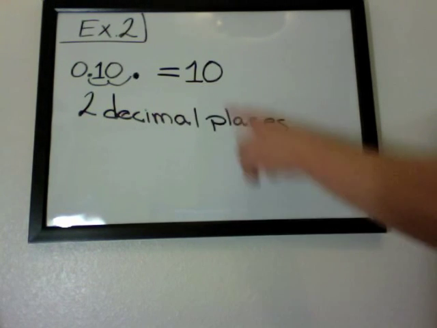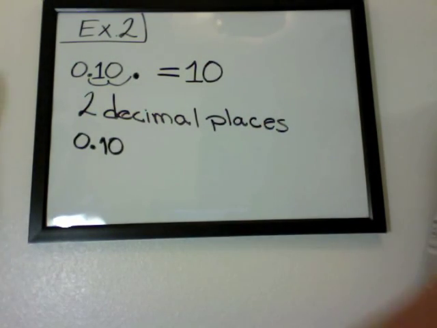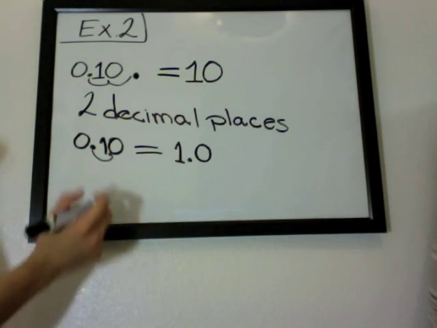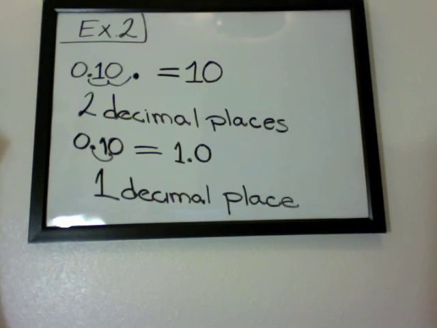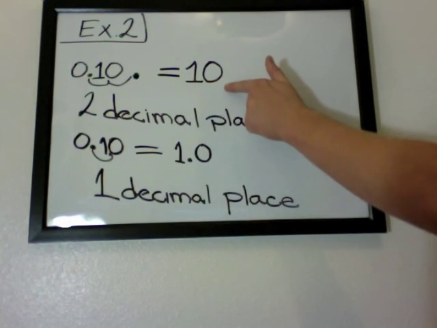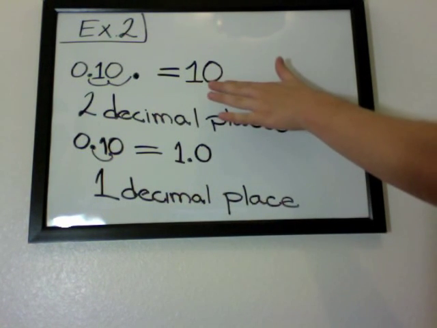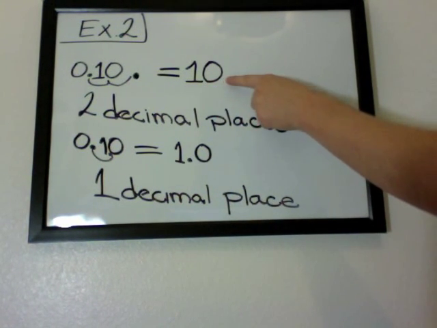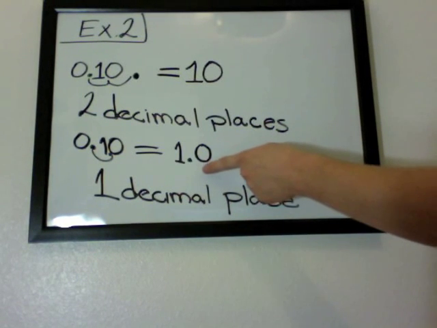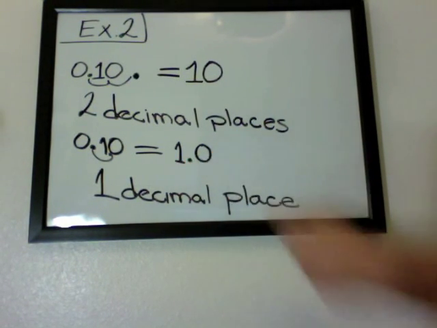What would happen if we only had 1 decimal place over? Now we move it over 1 place, and this would equal 1.0. And this is just 1 decimal place. So depending on what you want to see at the end, you just move it how many decimal places you want. So if you want a whole number, it being 10, move it 2 places. If you want just 1, you just move it over 1.